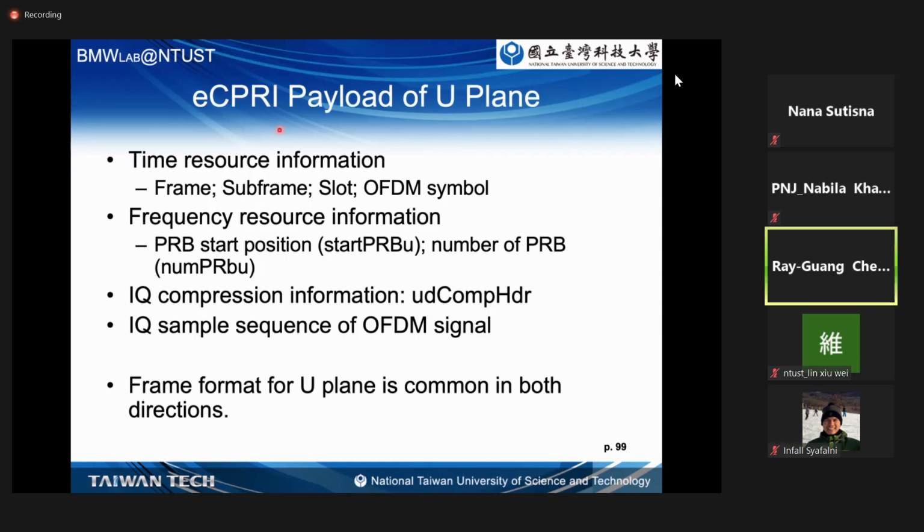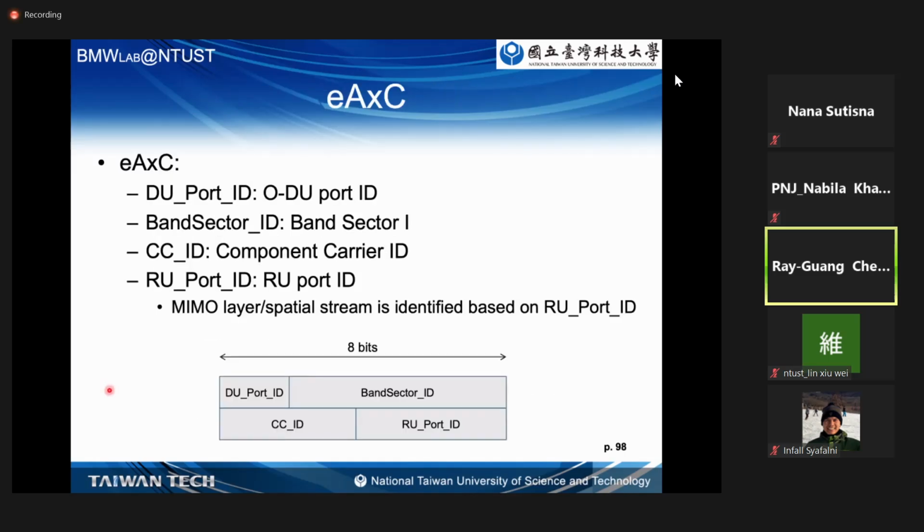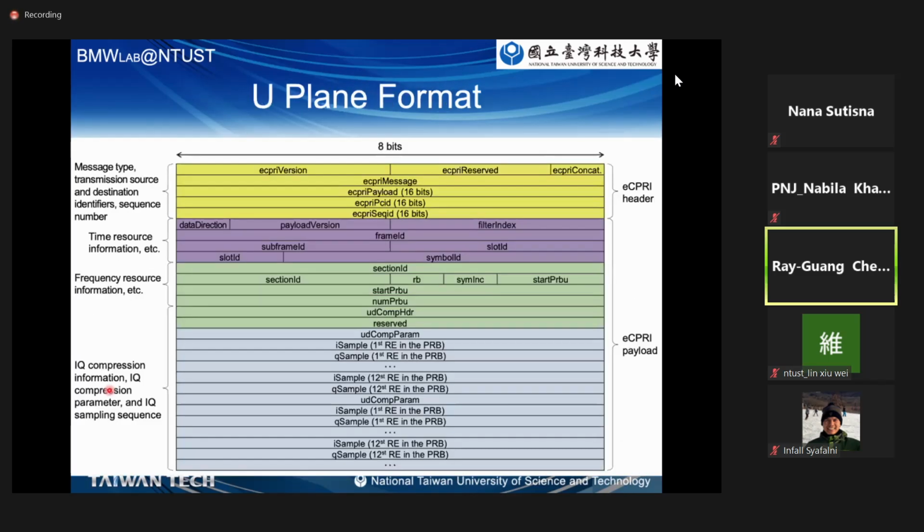For the payload part, actually, they can be simply divided into 5 parts. For the payload part, they have control information. They have data. Data is the IQ signal you want to transmit, either compressed or not compressed.